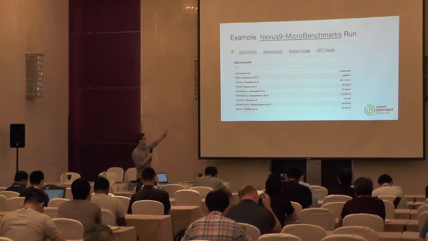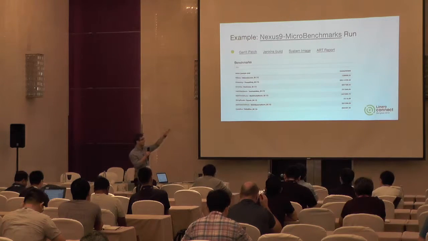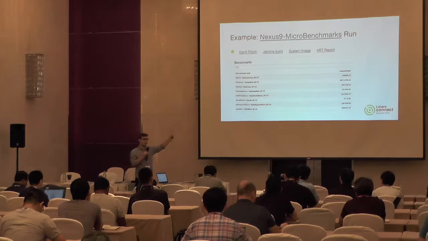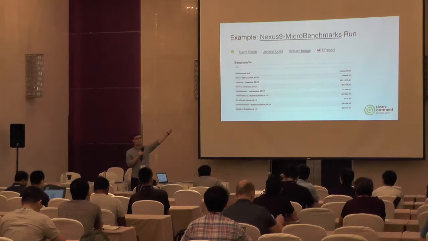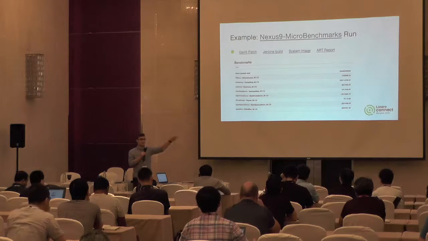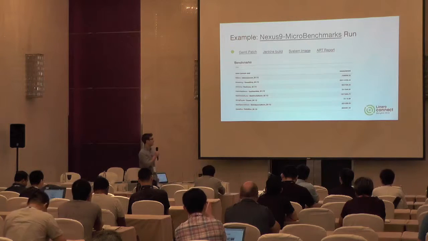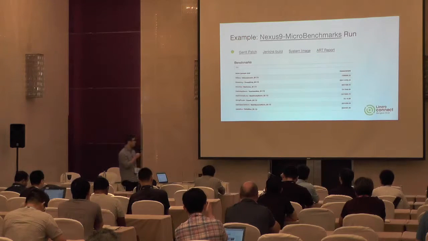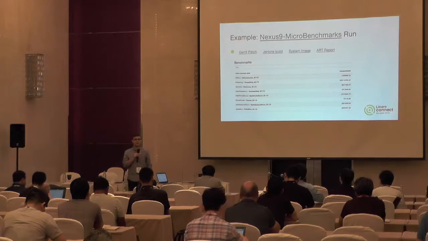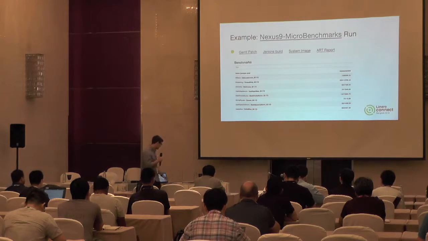So we have the Gerrit patch that triggered the Jenkins build that builds a system image, which we store, and then the Jenkins build triggers Lava, and you have all the links to the Lava jobs in the ART reports, as well as the raw results. You can see here some of the raw results, some of the measurements for various benchmarks, in this case for 32-bit, but in the same link you have the ones for 64-bit.